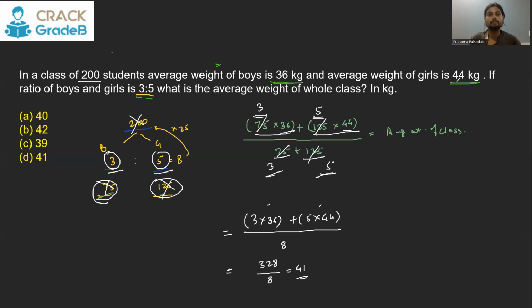So the same question can look like the SI-CI question, whereas if you understand the concepts of weighted average, you realize that question can also be solved with the same approach. Ultimately, the answer is going to be 41% in that case.